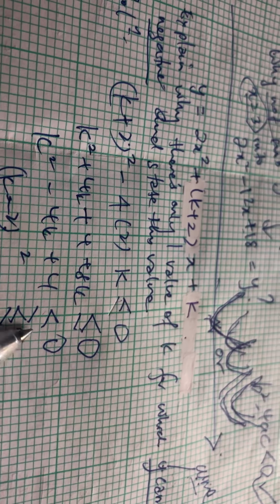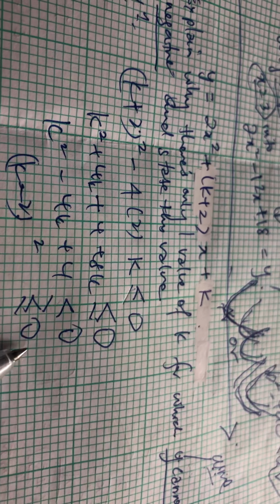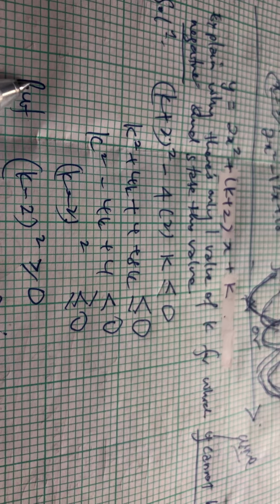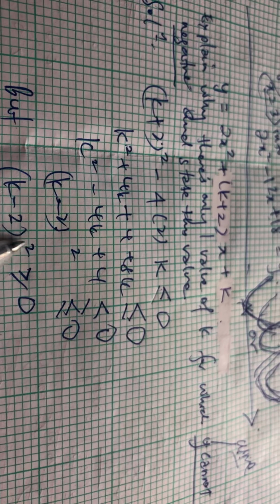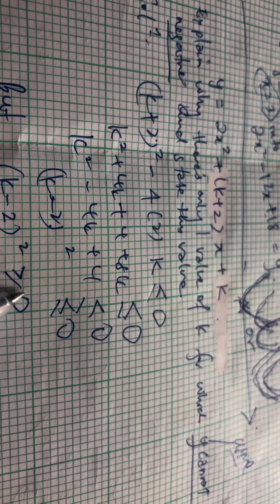Okay, and if you work this out, expand, manipulate and all that, you will get this final expression, which is a perfect square. Now this is where you need to think, k minus 2 squared, can it be less than 0? Can it be negative? It cannot be negative. But can it be equal to 0? It can be equal to 0. That's the reason why, you see, all this while we've been saying, a perfect square, and today I revised in class also, can only be greater or equal to 0.